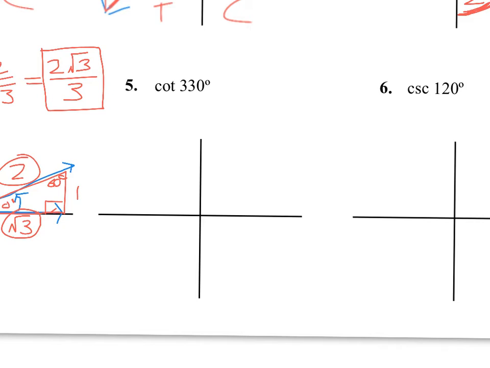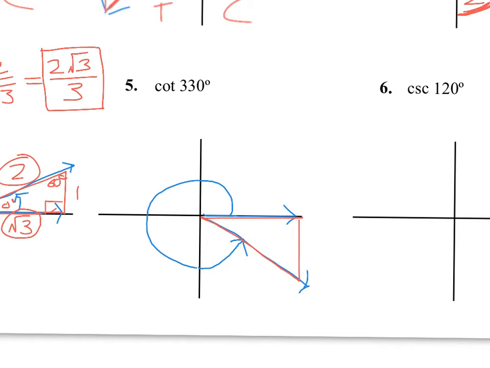Okay, cotangent. That's the reciprocal of tangent. So I'm going to draw the initial side first, like we always do. Rotate 90, 180, 270. So from 270, we go 60 more. Triangle uses the X, the terminal side, and then closes it.